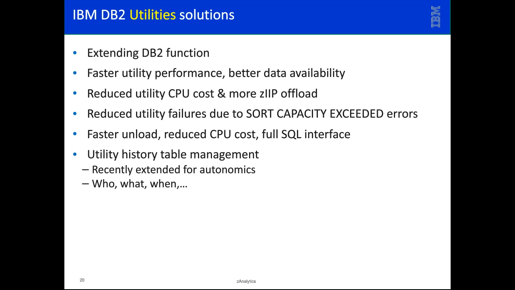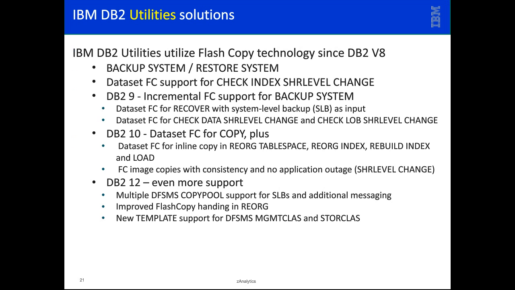Slide 21. Today, customers have fast replication or FlashCopy available, and in our utilities, we would like to exploit those. Back in DB2 version 8, which was a long time ago, we started to exploit FlashCopy or fast replication technology with BACKUP SYSTEM, RESTORE SYSTEM, backup methods, which is volume-based.